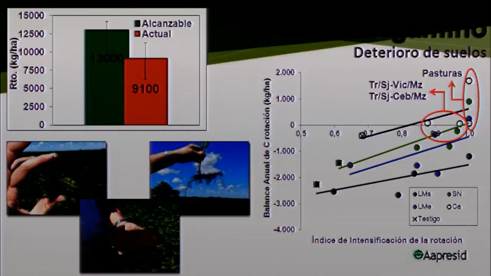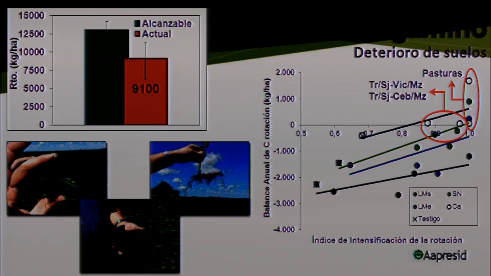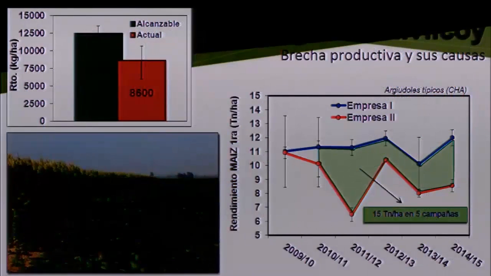As to nutrition, we see that it's not the same thing to fertilize a corn based on the previous crop. A cover crop, as I said before, is a tool that allows us to potentiate corn yields and reduces the need for fertilization. In Bravo Chivilcoy, yields are about 12,400 kilograms, averages are about 8,600.